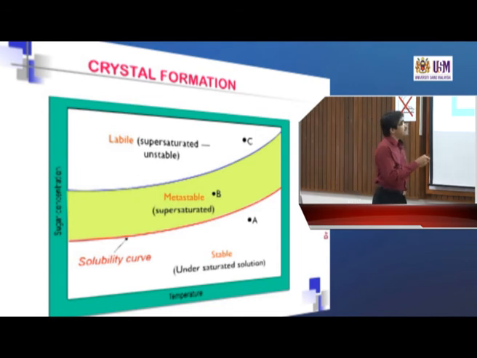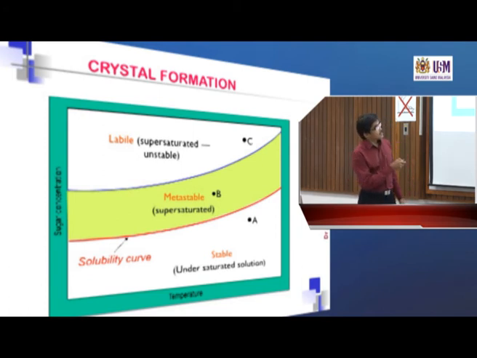Above the solubility curve, like point B and point C, the solution is said to be in the supersaturated state. Theoretically and technically, any point above the red line, above the equilibrium solubility curve, can crystallize.